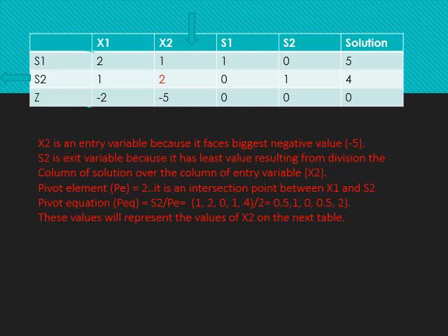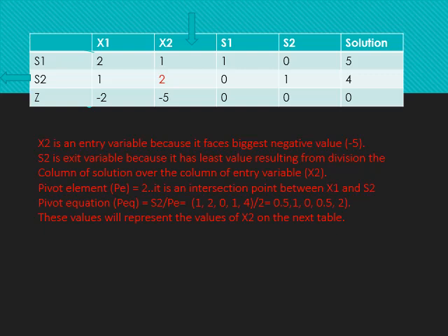Now the pivot element is 2, the intersection point between the S2 exit row and the x2 entry column. The pivot equation is the result of division of the values of S2 over the pivot element.